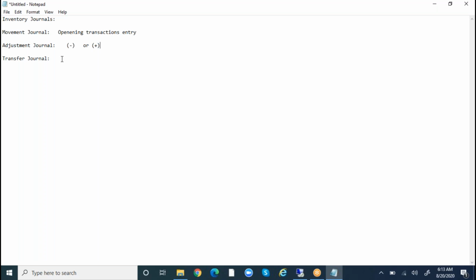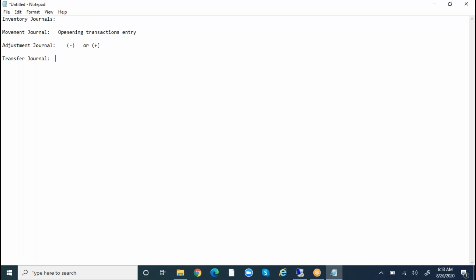Next, transfer journal. Transfer journal means, suppose I want to change the inventory dimension from one inventory dimension to another.